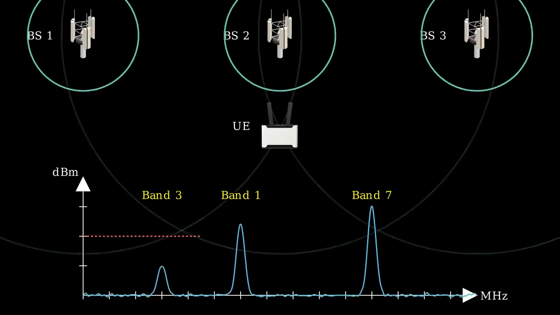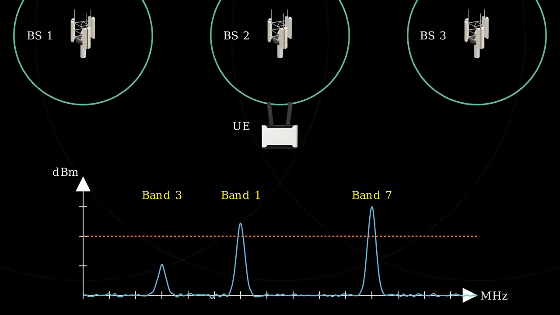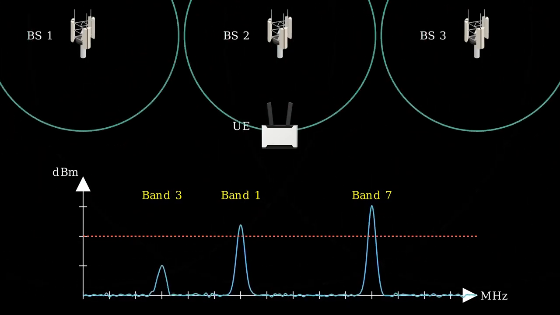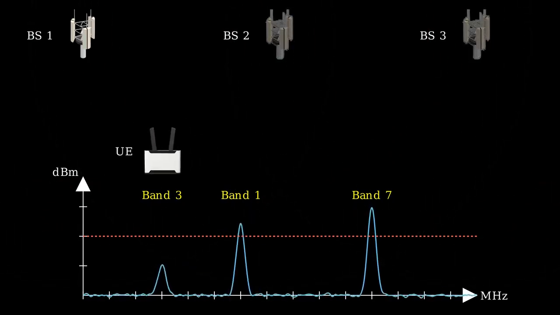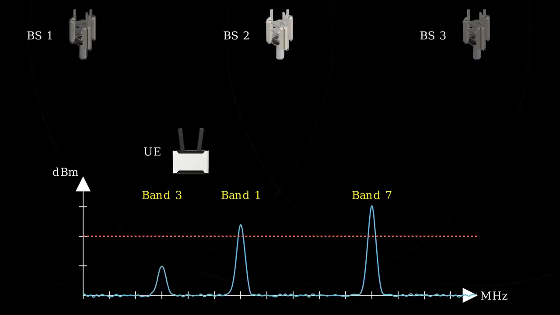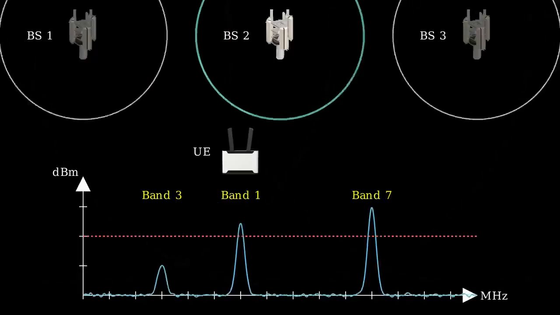There's a threshold of signal strength that the synchronization signal must meet for the UE to consider it eligible for connection. Next, we sequentially scan the bands until we find one with a strong enough signal, in this case on band 1.